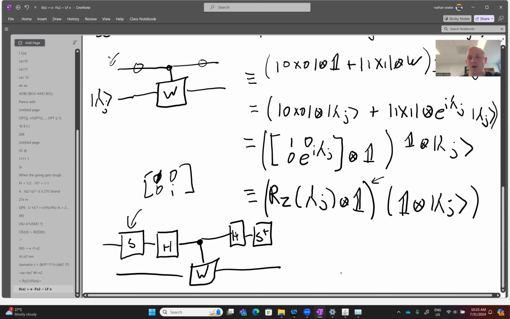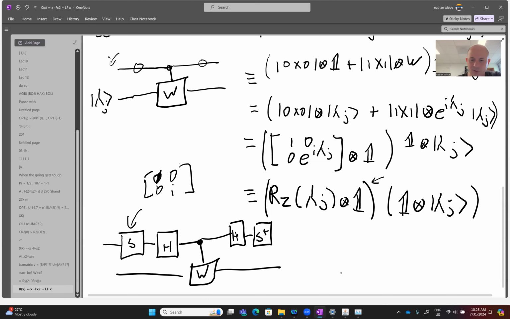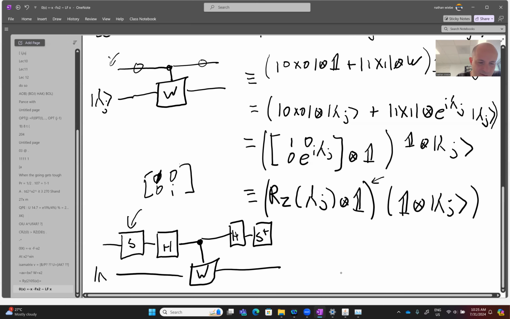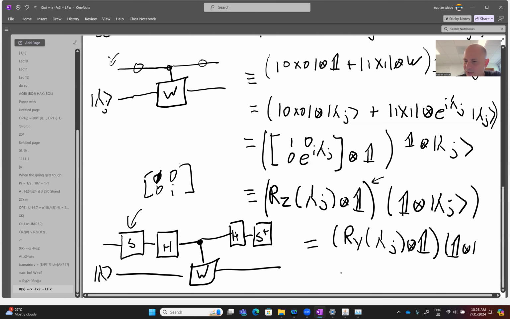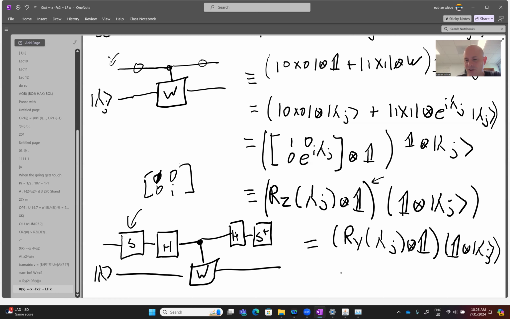Then the result that we end up getting out of this, acting on the state lambda, just by basis transforming the RZ, will give us a rotation about Y through an angle of lambda j, tensor identity, acting on identity tensor lambda j. Cool. So this gives you a way of writing this as a particular matrix.